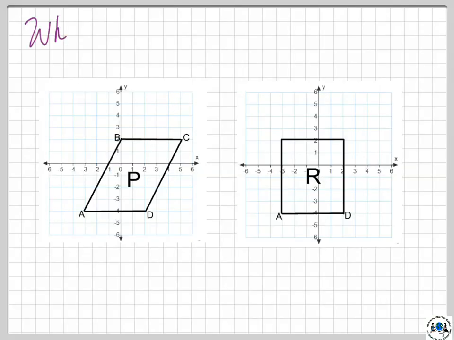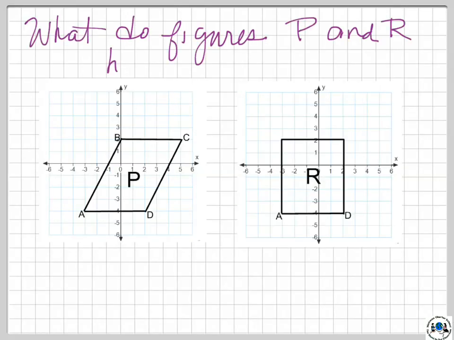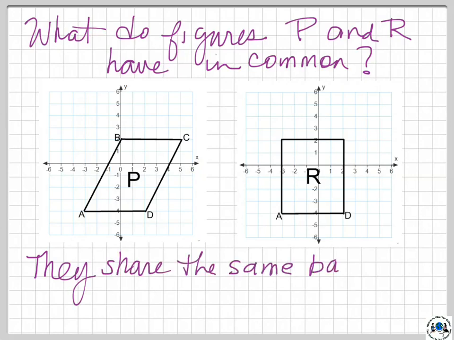Okay, so the next question we're asked is, what do figures P and R have in common? Again, P was that parallelogram right there, and R, as you see, is that rectangle. Well, for one thing, they share the same base, the exact same base located in the exact same position on the coordinate plane.